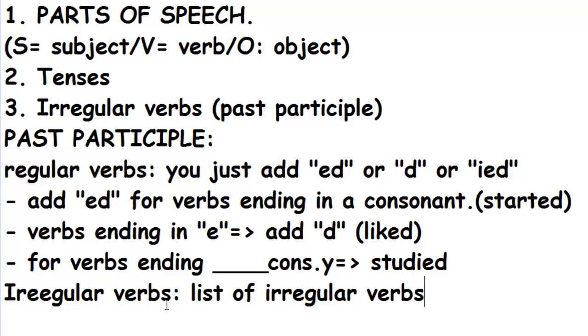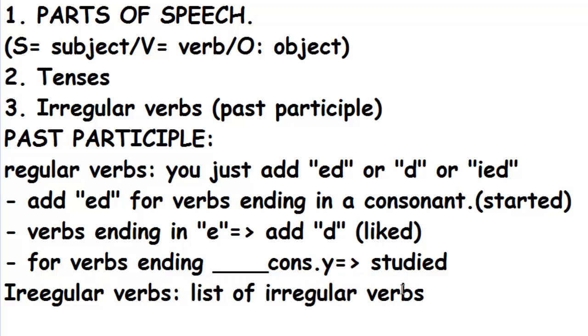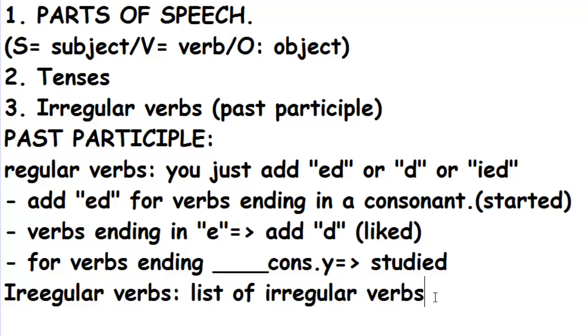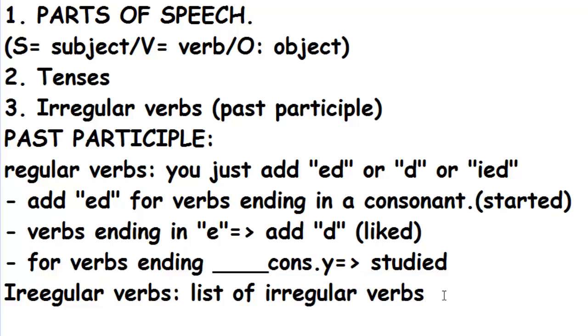This is very important, and you have to sacrifice some of your time to learn these irregular verbs by heart. It's very important because you might know the rule for transforming a sentence from active to passive, but if you have an irregular verb, you will have to supply the correct form. Otherwise, your answer will be considered incorrect.